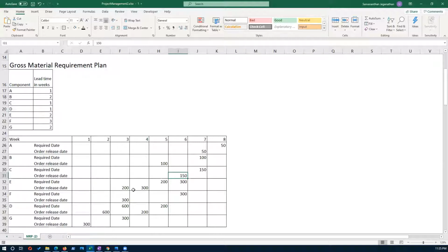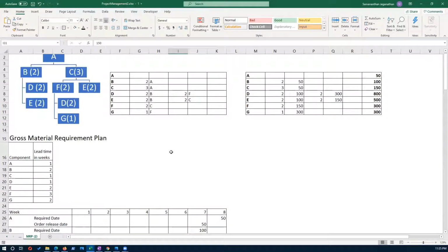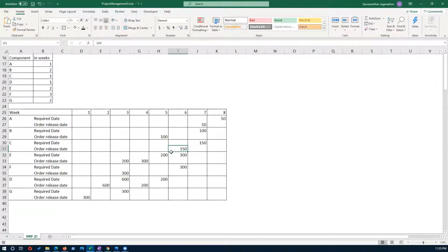And so this is for E, and then for F, we need 300 units of F on week 6. So we have to order it 3 weeks ahead. So that's going to be week 3. Now we also know that F is made up of 2 other components, D and G, right?